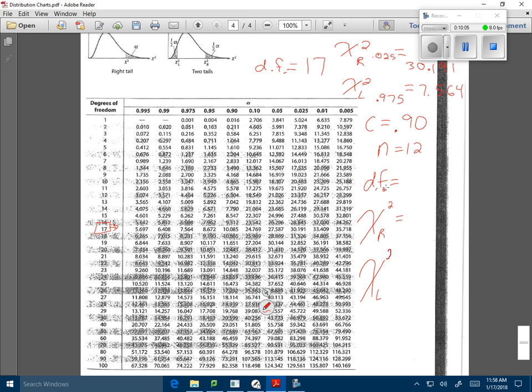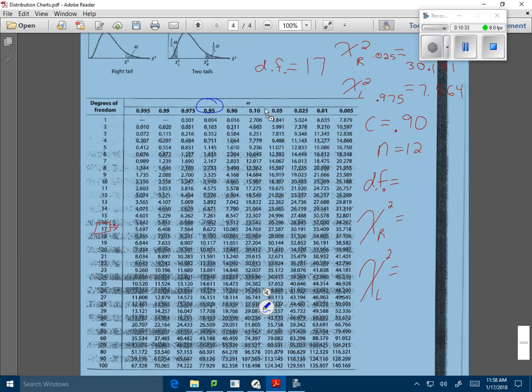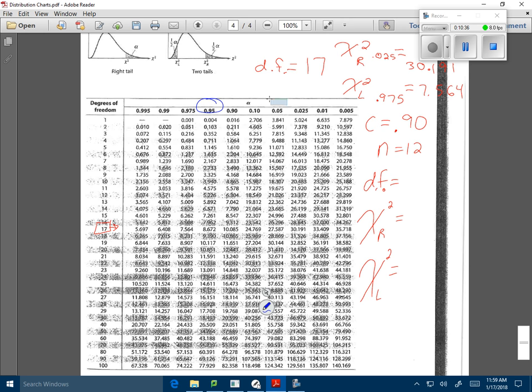In this case, if it's 90%, you're using 0.95 and 0.05. Because 1 minus 0.9 divided by 2 is 0.05, and 1 plus 0.9 divided by 2 is 0.95. So there's the 0.95, you're going down that column, and then the 0.05 column.